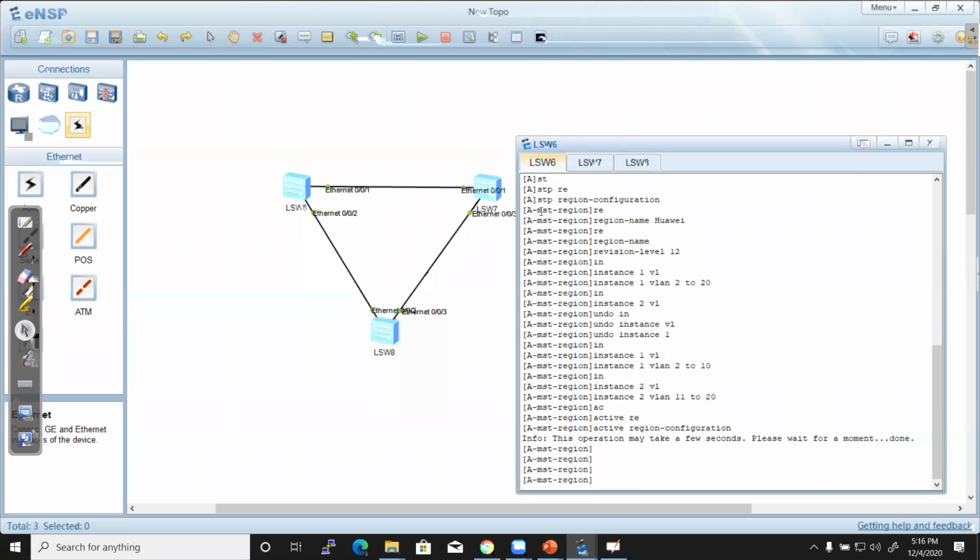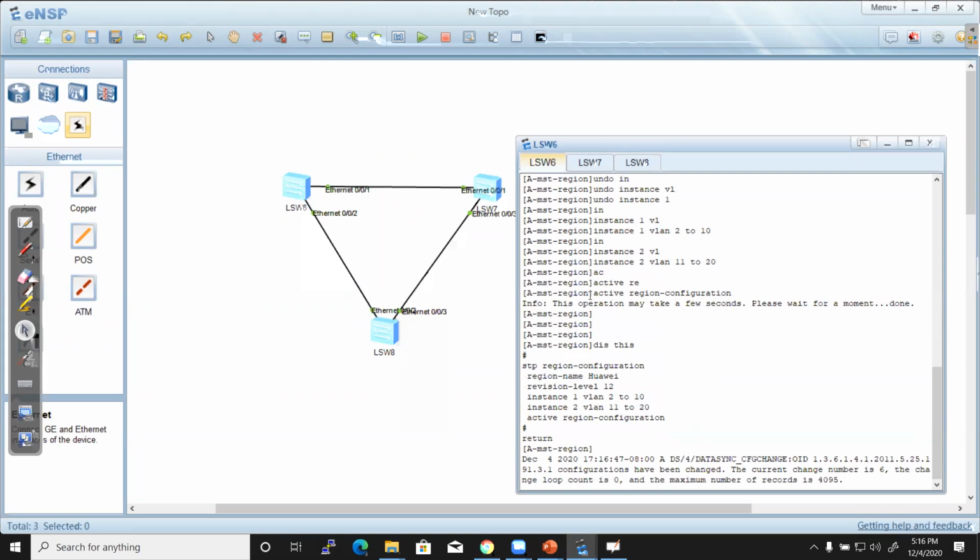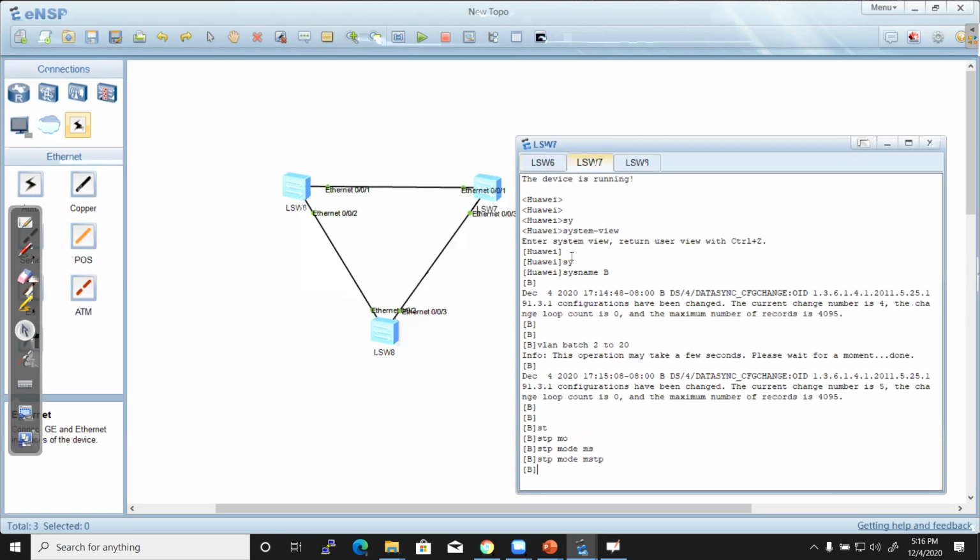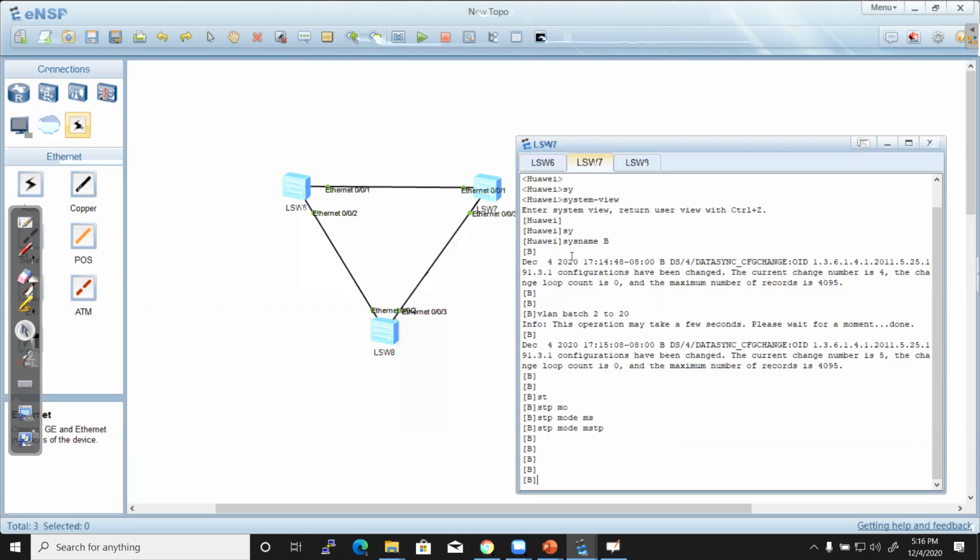All right. So display this so that I can copy all these commands. I'm copying all the commands, and just pasting them over here. Okay, fine.